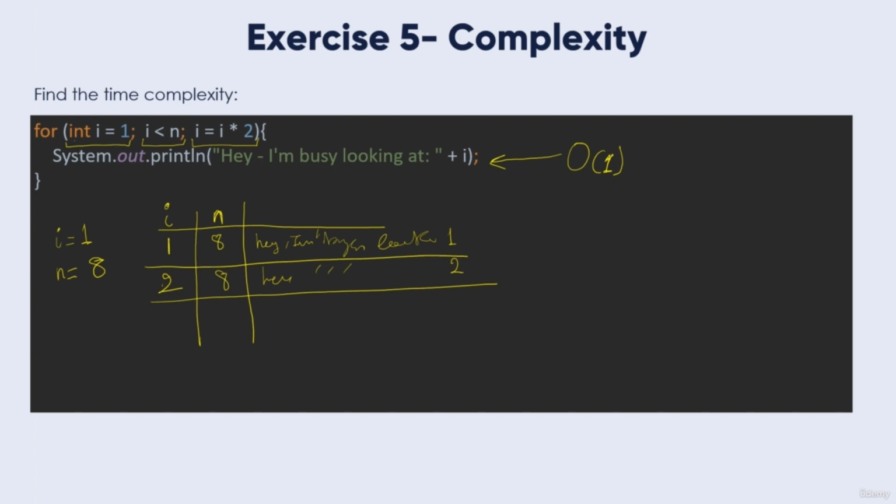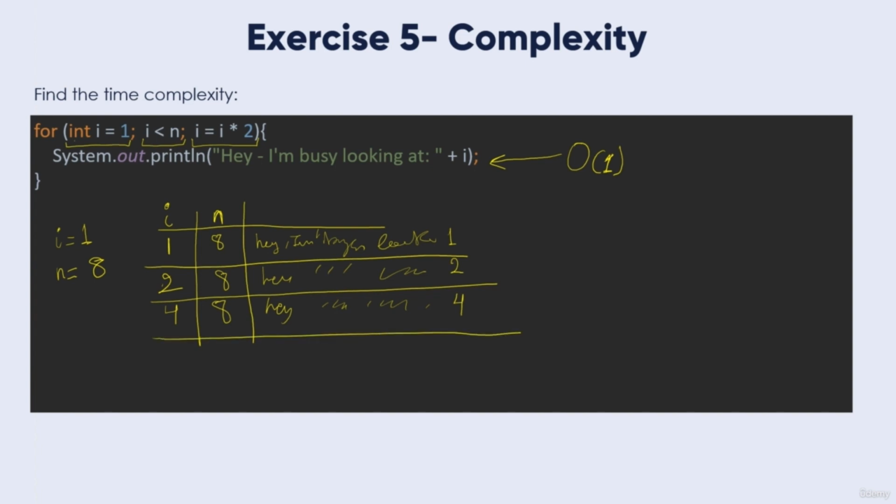So the new value of i is equal to 2 times 2, which is 4. n is equal to 8. 4 less than 8? Yes. So go and execute what is inside the loop. So i is equal to 4.